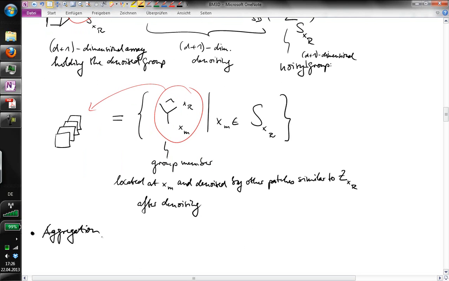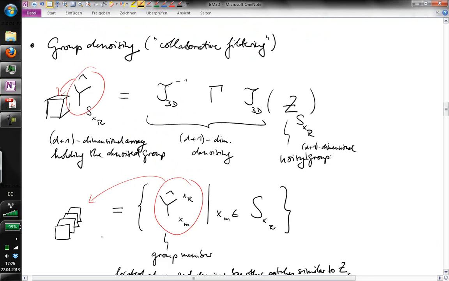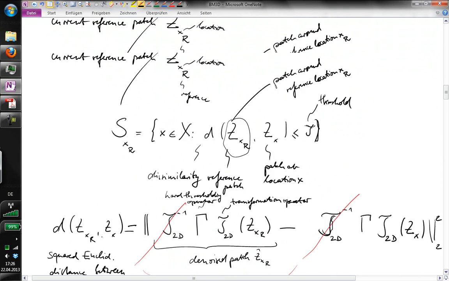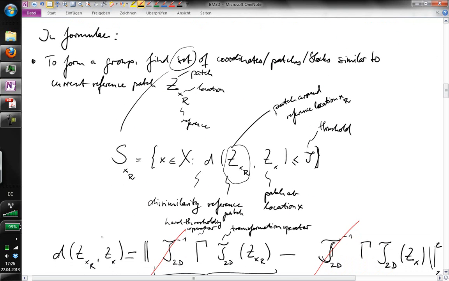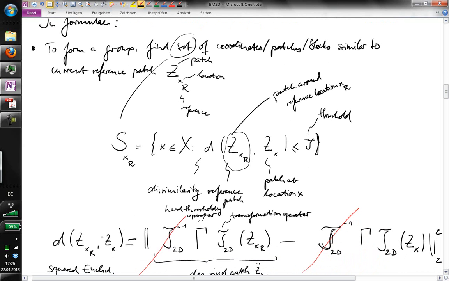So let's pause for a moment again just to see where we are. We have, I go back a little, okay? We have a reference location XR, and then we were looking for all those other patches here indexed by ZX who have a distance less than tau from my reference patch.